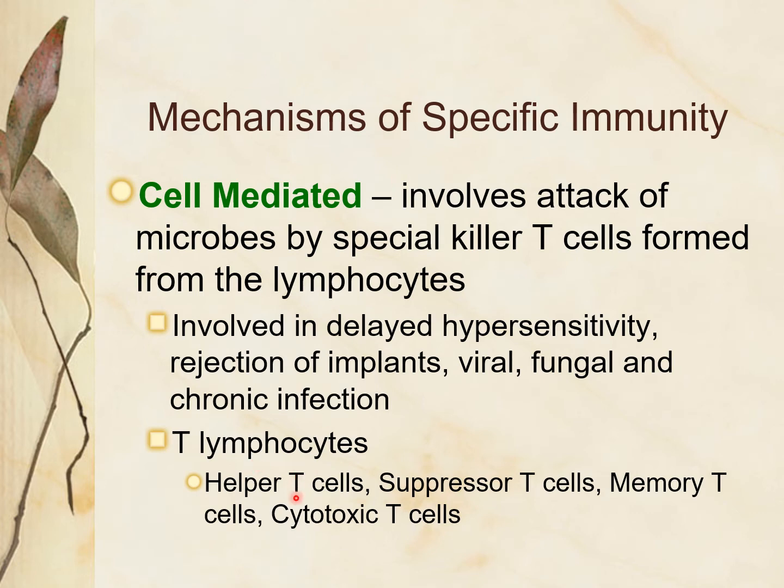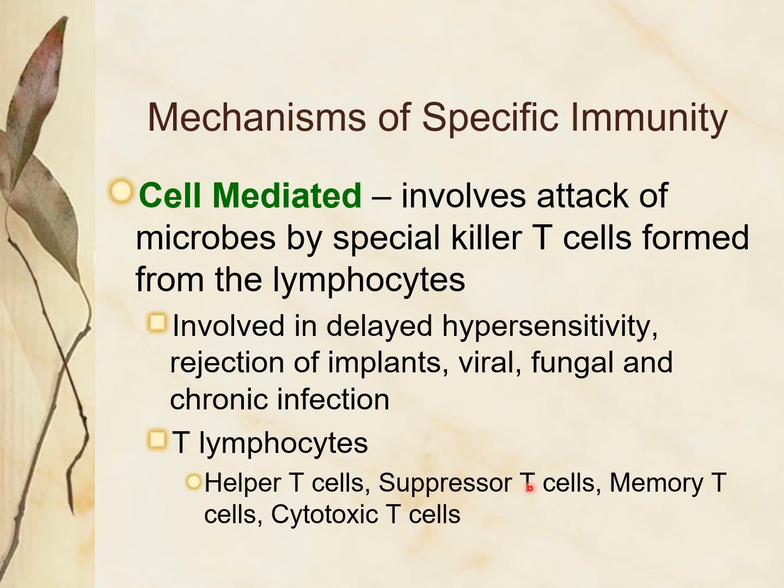The helper T cells, when activated, secrete cytokines which activate and attract B cells, cytotoxic T cells, natural killer cells, macrophages, and other cells of the immune system. Cytotoxic T cells directly alter the cell membrane of the antigen, which causes cell lysis.